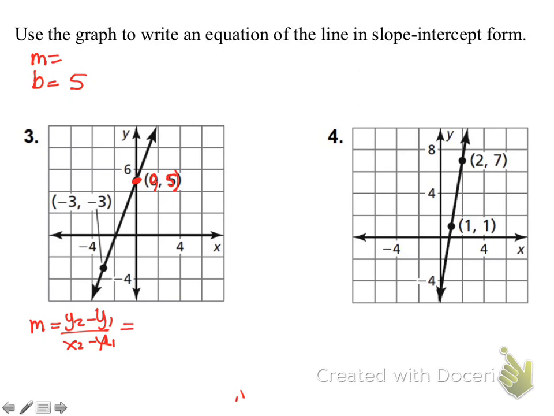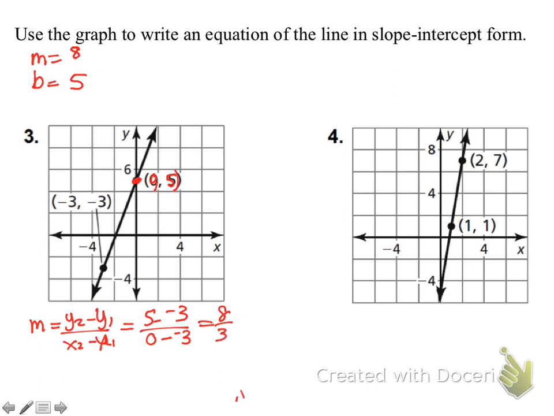And so what would my m be? What am I substituting in, guys? 5 minus negative 3 over 0 minus negative 3. I want you to notice this one point, they're on top of each other. That's how it should look. And then we get 8 over 3.